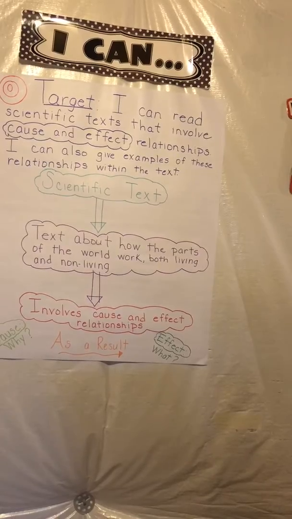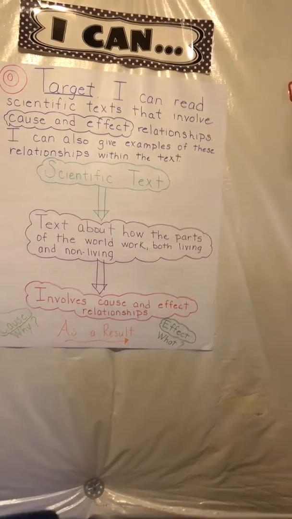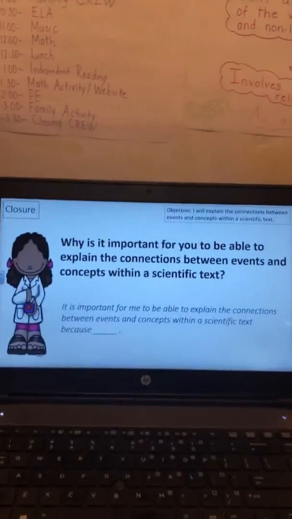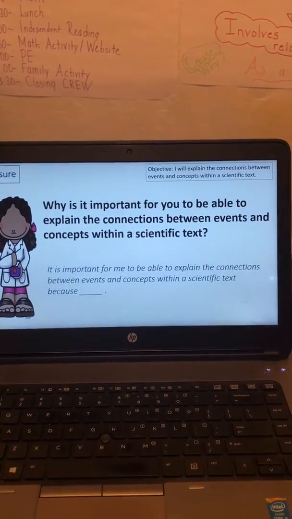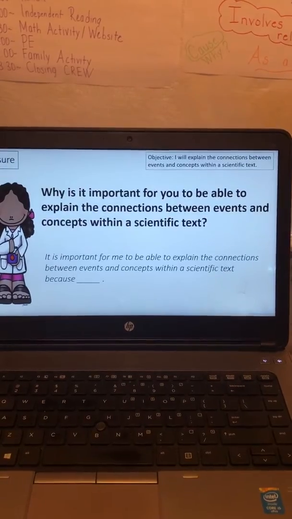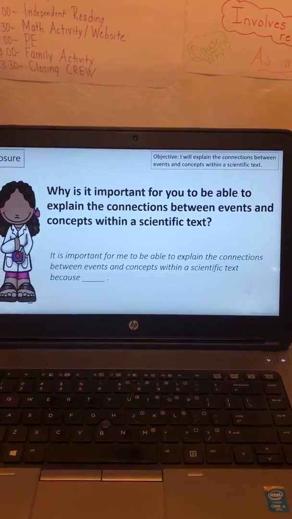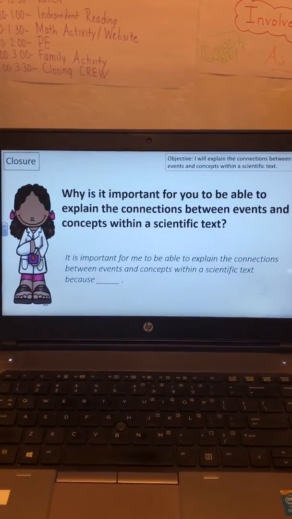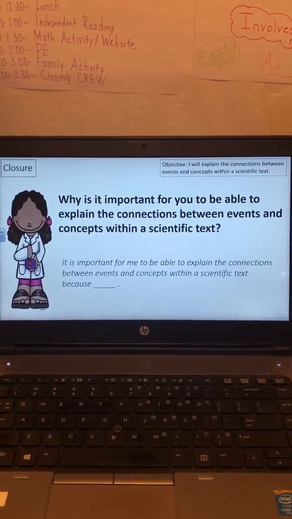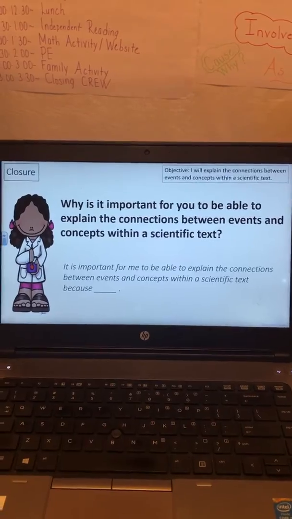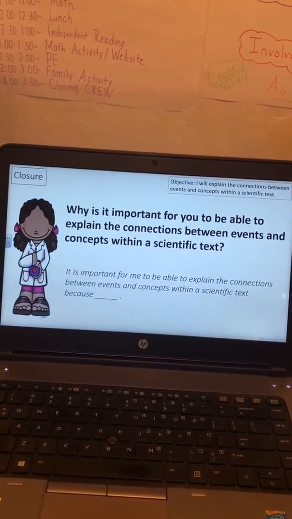All right, so as closure to our slideshow, our question says, why is it important for you to be able to explain the connections between events and concepts within a scientific text? So this kind of ties everything together that we've been reading about this week. So I want you to think about this and answer to yourself.